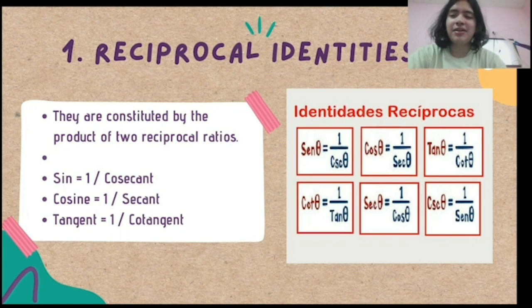The third, tan, then tan is 1 in cotan. If for example you have the cotan, it is 1 in tan. The secant is 1 in cosecant, and the cosecant is 1 in secant.